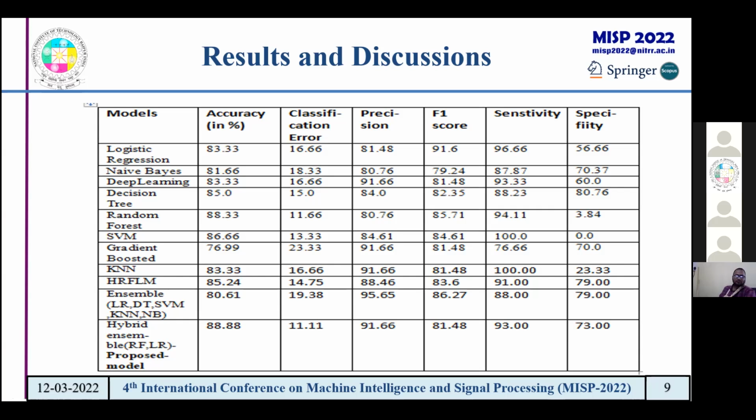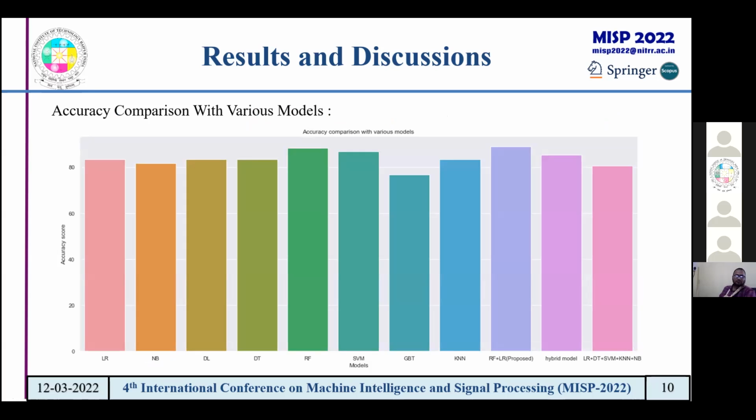We even combined all the remaining models, leaving the random forest and the logistic regression aside, in order to make an ensemble model, which gave an accuracy of 80.61. But this ensemble model of random forest and logistic regression gave more accuracy. These are the results.